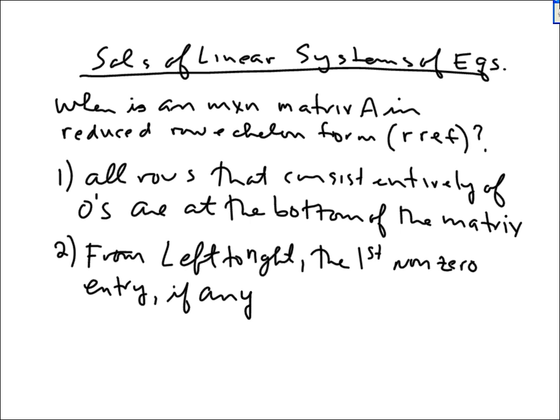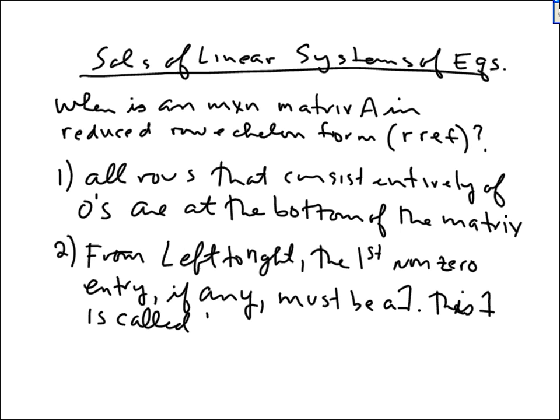I mean, if the row consists entirely of zeros, there won't be. Reading from left to right, the first non-zero entry must be a 1. This one has a special name. This one is called the leading entry.